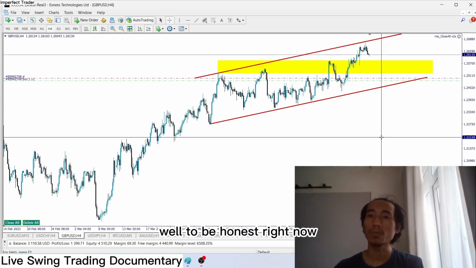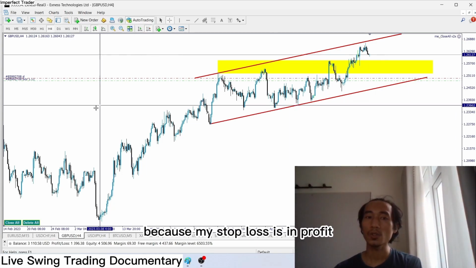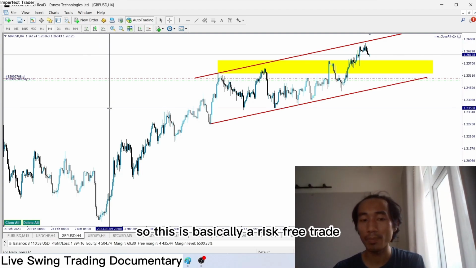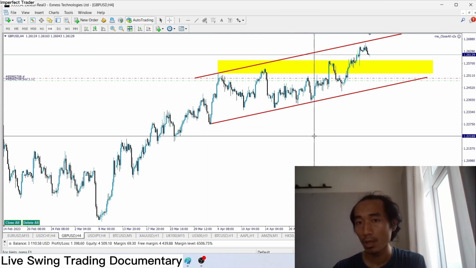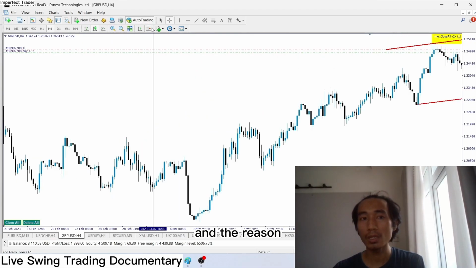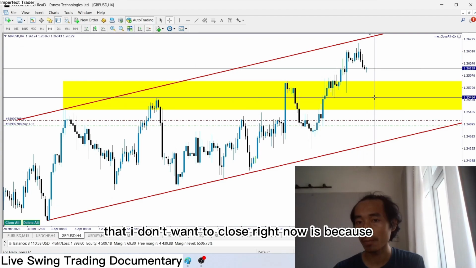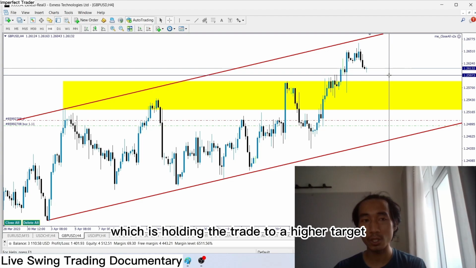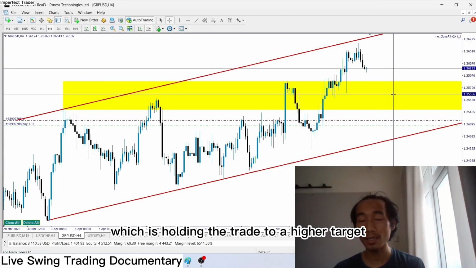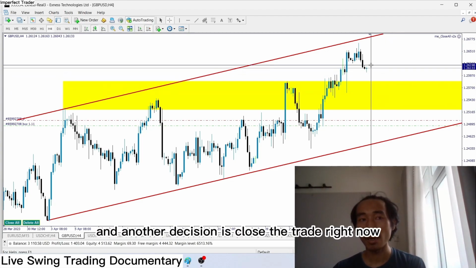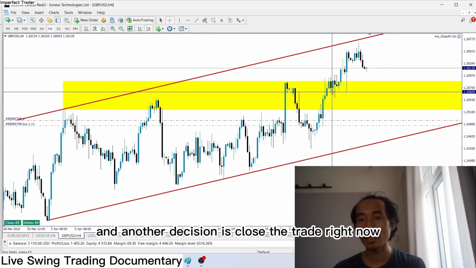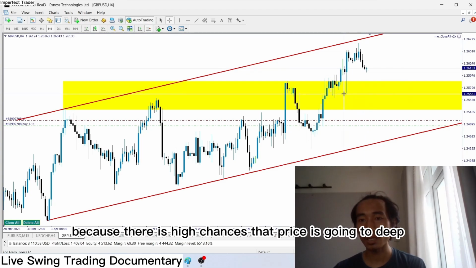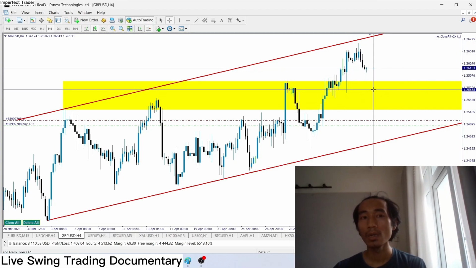To be honest, right now, because my stop loss is in profit, this is basically a risk-free trade. The reason that I don't want to close right now is because I'm deciding between two options: holding the trade to a higher target, or closing the trade right now because there's a high chance that price is going to dip a little bit lower.